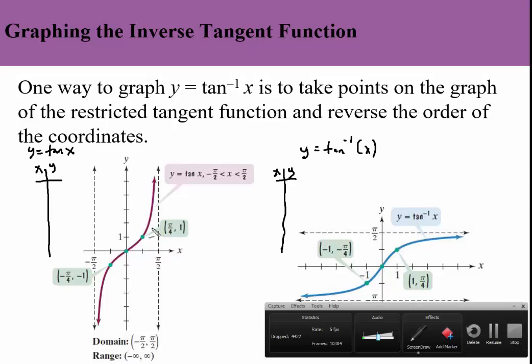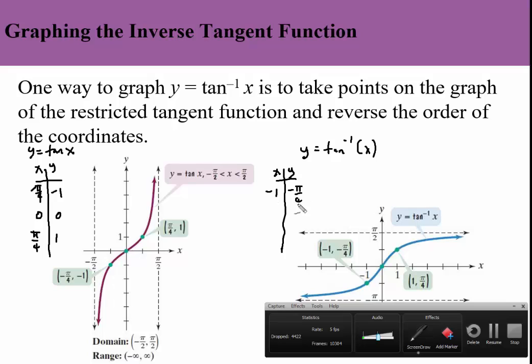All right, notice here at negative pi over 2 and pi over 2, the tangent's undefined. We've discussed this in prior lessons. And the values between those are the nice tangent values. So at negative pi over 4 the tangent is negative 1, the tangent of 0 is 0, and at pi over 4 it is 1. So if we flip these values here, x becomes y, y becomes x.